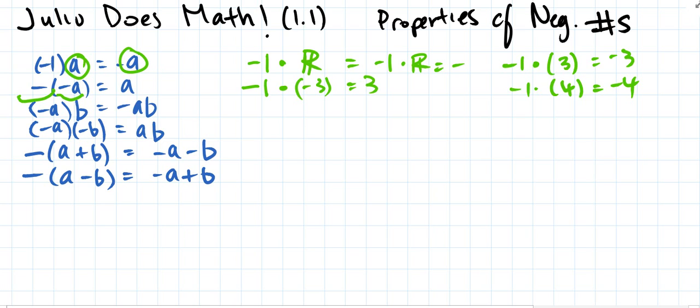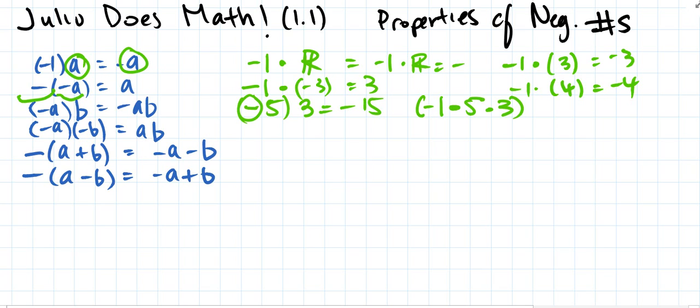If you have a negative number, let's say negative 5, you multiply that by a positive number, which is 3, you're going to get a negative number. Why is that? Well, this here is the same thing as saying negative 1 times 5 times 3.